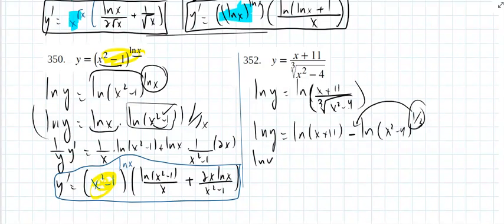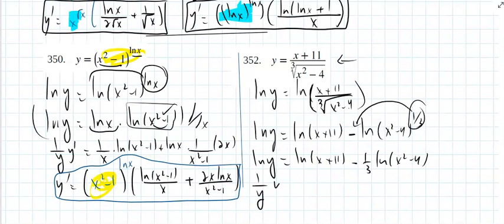So I'm looking at natural log of y equal natural log of x plus 11 minus 1/3 natural log of x squared minus 4. Instead of using the quotient rule, I could simply say 1 over y, y prime, that's taking the derivative. Derivative of natural log is 1 over the argument times derivative of x plus 11, that's a 1, minus 1/3 is a constant.